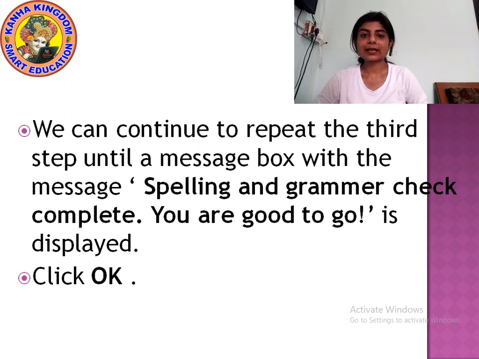After clicking that, this text will appear on your computer screen: spelling and grammar check completed, you are good to go. When you click on OK, all the spellings will remain as they are and you can easily move along, and all those red and blue wavy lines will also disappear.